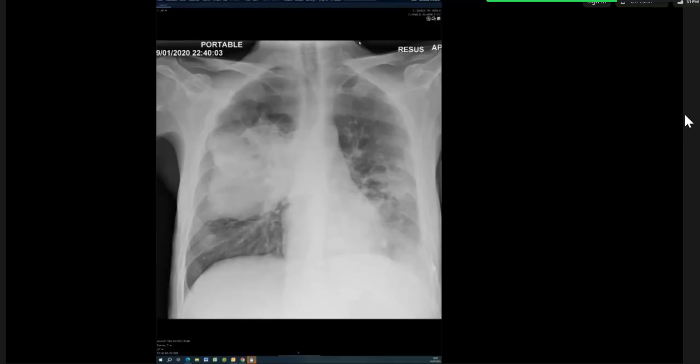From the first look, I can see that there are two opacities seen in both lung fields. The large one is seen in the right lung field at the mid-zone level. I cannot see any cavitation within.